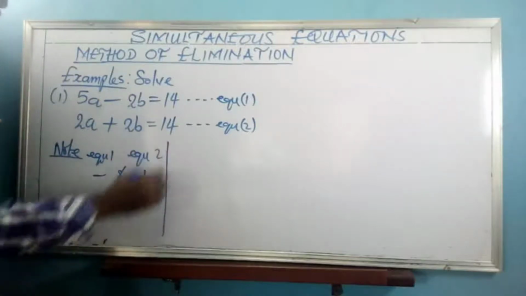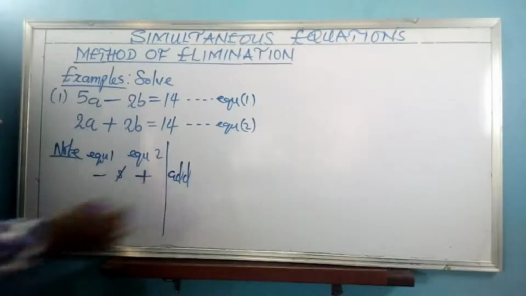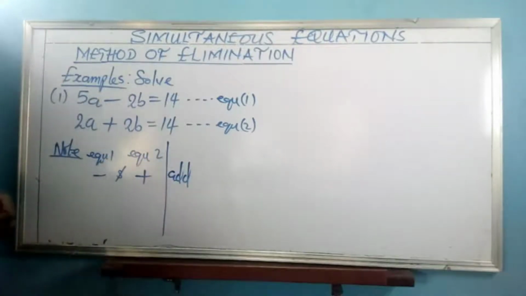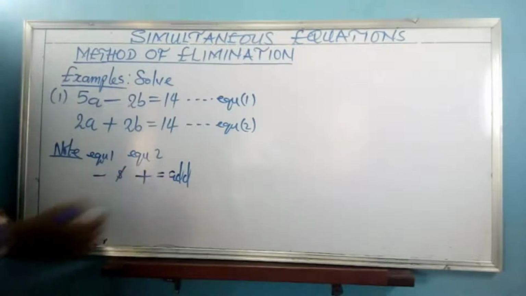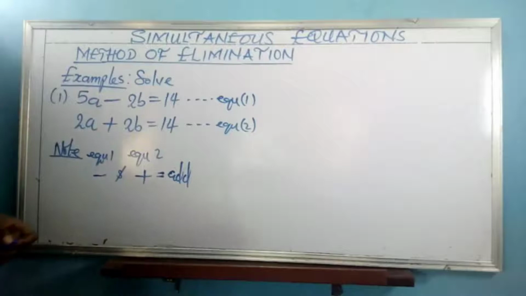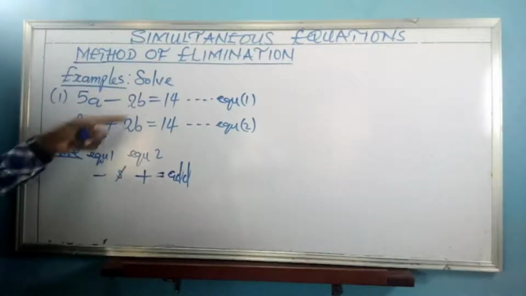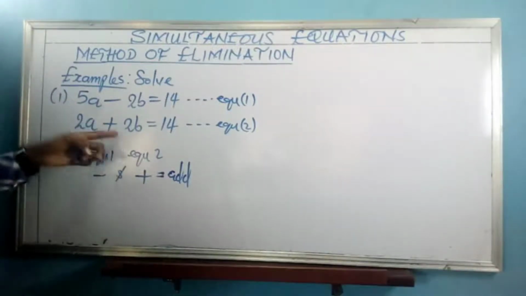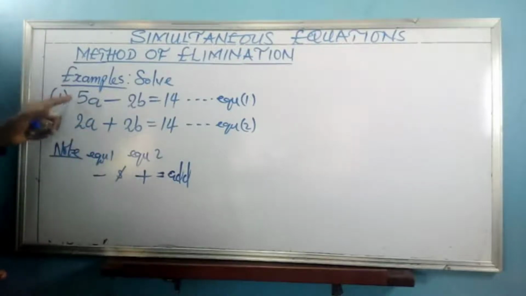You add the two equations together. Let me take it up again. If equation 1 carries negative of what you want to eliminate, and equation 2 carries positive, we're going to add equation 1 and 2 together.